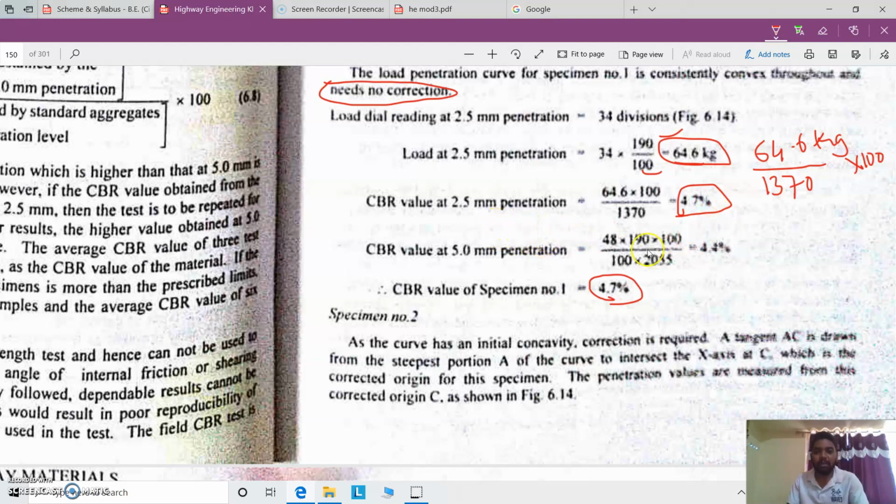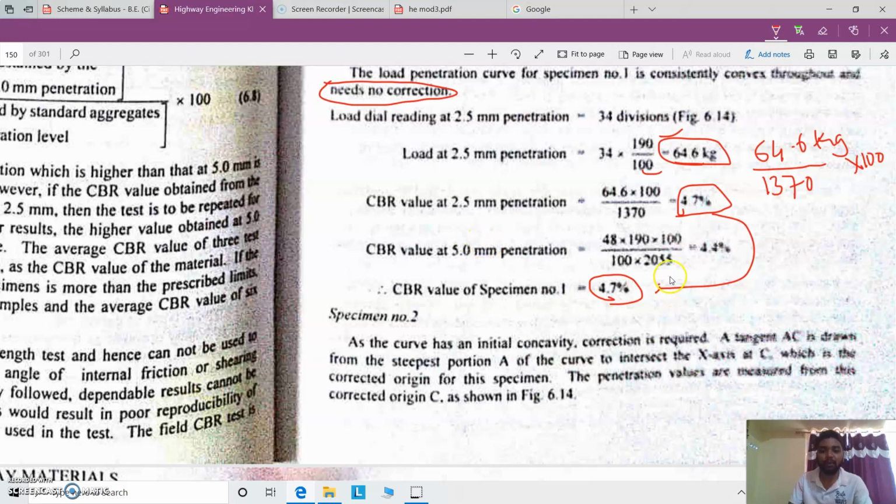The values obtained from 5 mm and 2.5 mm are compared, and 5 mm penetration should be lower and 2.5 mm penetration should be maximum. If you get a CBR value more than at 2.5 mm penetration, the obtained value will not be considered. The test should be repeated.